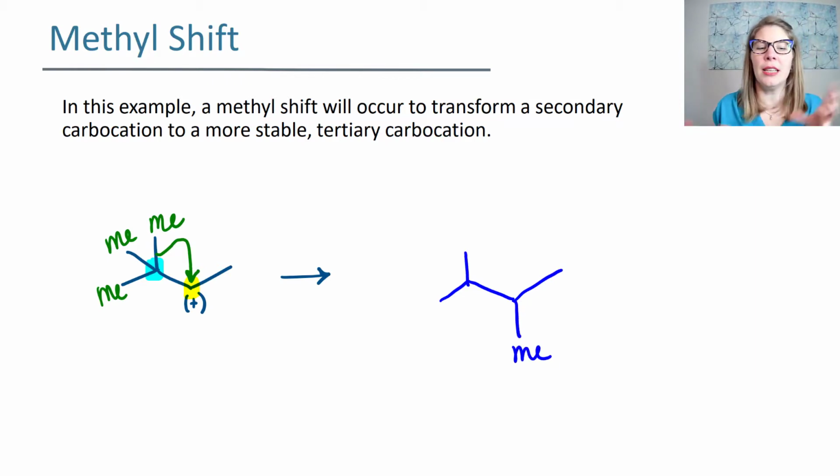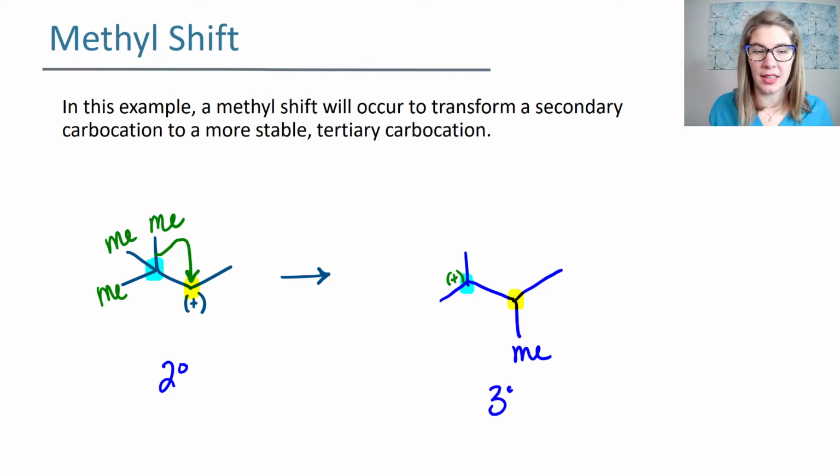And it might look a little bit different, my drawing, because I just naturally spread out my bonds. Now that methyl is on this carbon, and the carbon that I highlighted in blue is still the same highlight. I'm keeping my highlighting so you can see which carbon is which. And now that there is one less methyl here, there's a positive charge. So we've gone from something that is secondary to something that is tertiary.